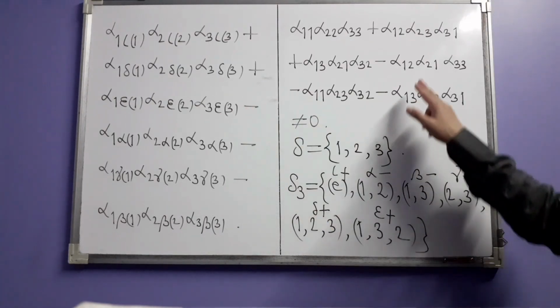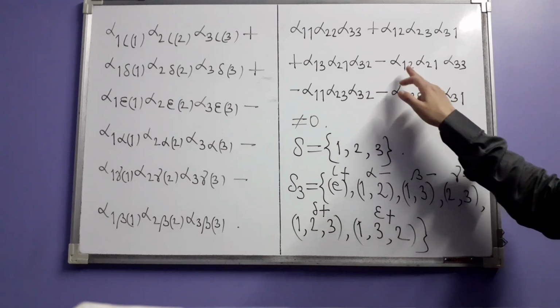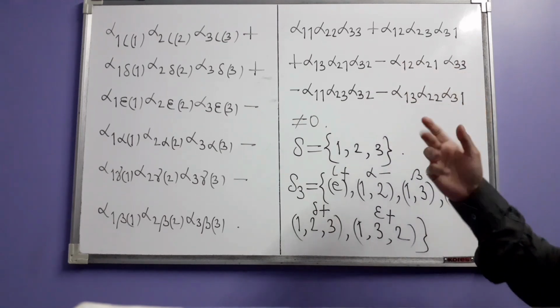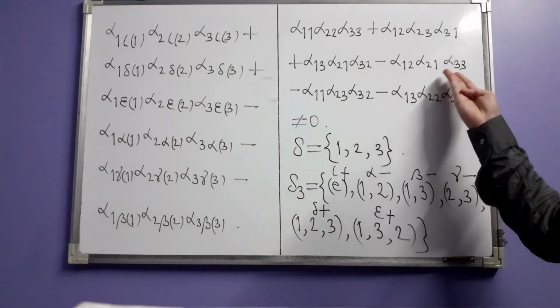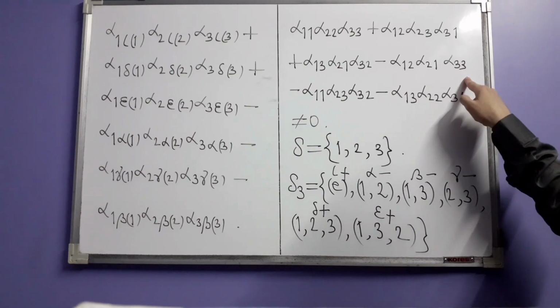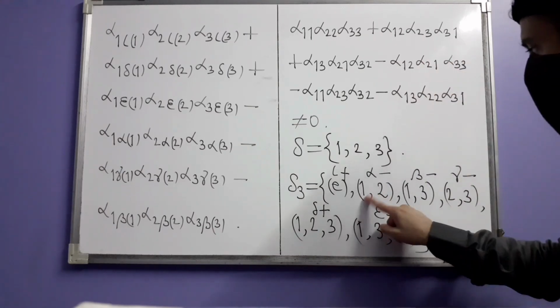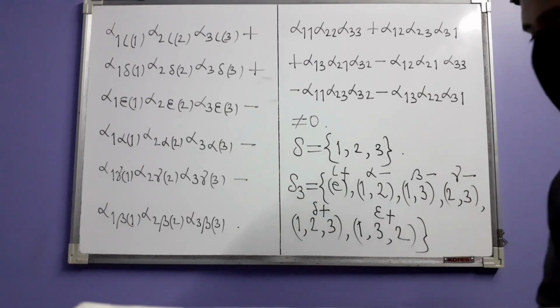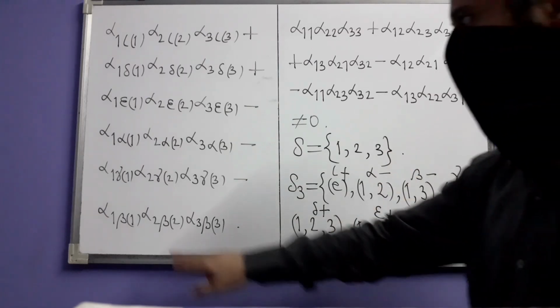And next comes this one with a minus sign: a12 a21 a33. Do you already see in what pattern these suffixes are appearing? Here 3 is fixed, and 1, 2, 2, 1 appear, so we can use alpha.